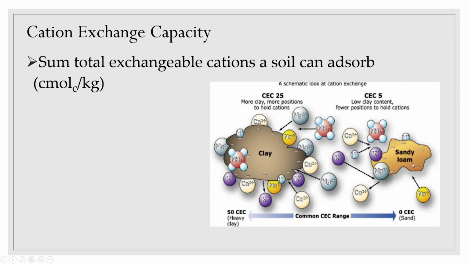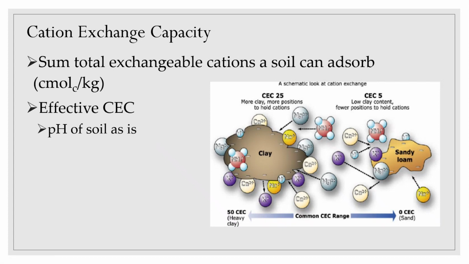So this is going to be more like our 1-to-1 kaolinite, our very small cup. If we had our clay soils, maybe a montmorillonite or a smectite, now we're starting to get into a CEC of about 25, and we can hold on to more of these cations based upon the lyotropic series. This is more like our large cup.